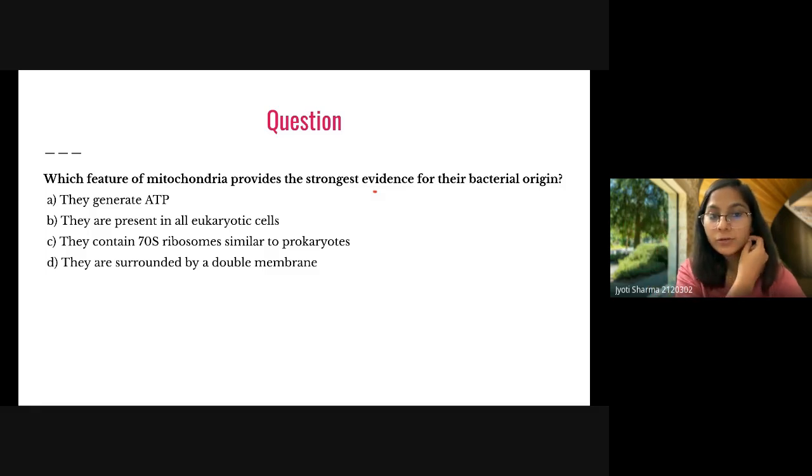So what feature of the mitochondria provides the strongest evidence that it originated from bacteria? We have four options. They generate ATP. They are present in all eukaryotic cells. They contain 70S ribosomes similar to prokaryotes. They are surrounded by a double membrane. What do you think? What is the right answer for this?